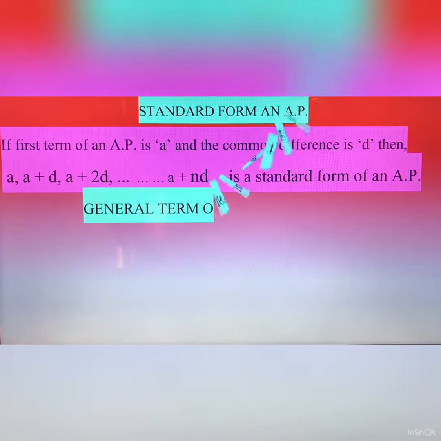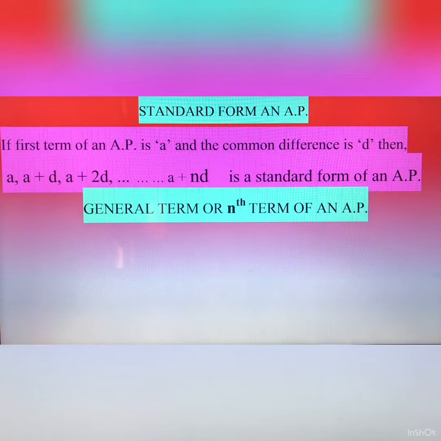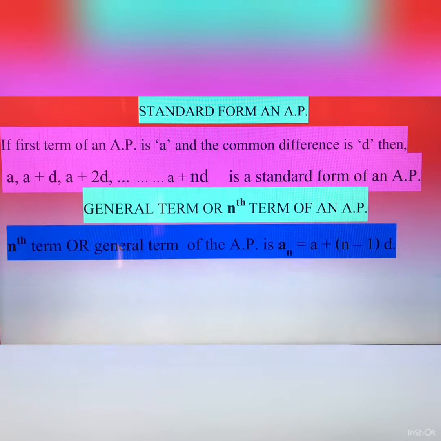After that, the general term, or nth term, of an AP. What is the general term of an AP? The nth term of the AP is an equal to A plus n minus 1 into D, where A is the first term, D is the common difference, and n is the number of terms.